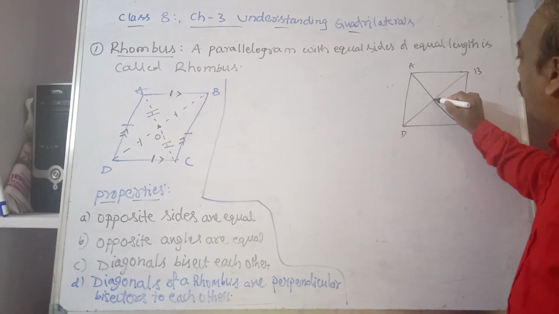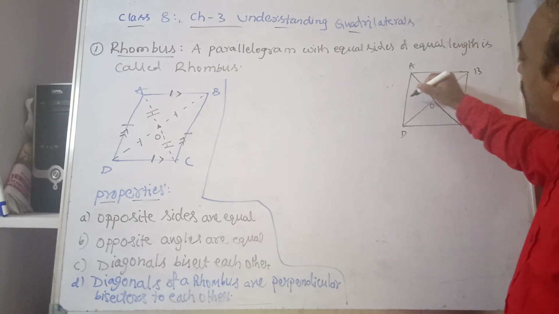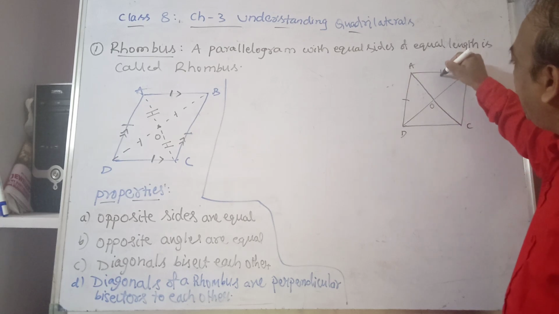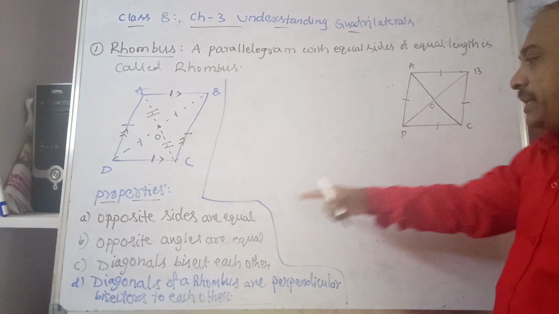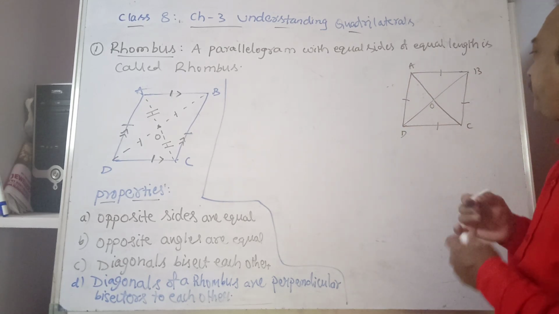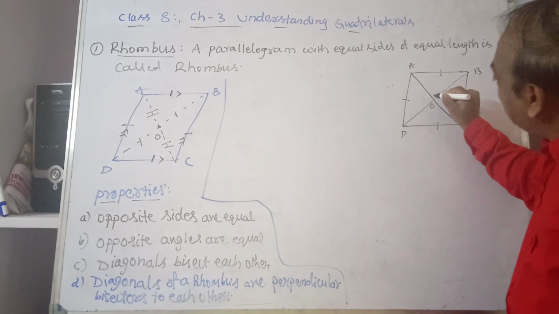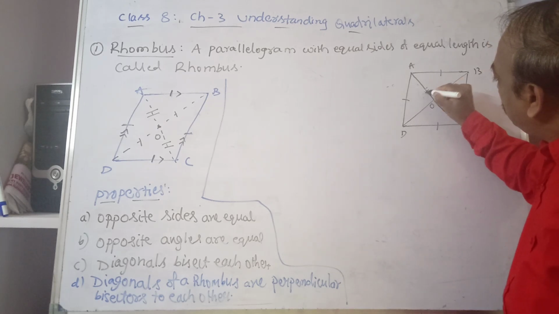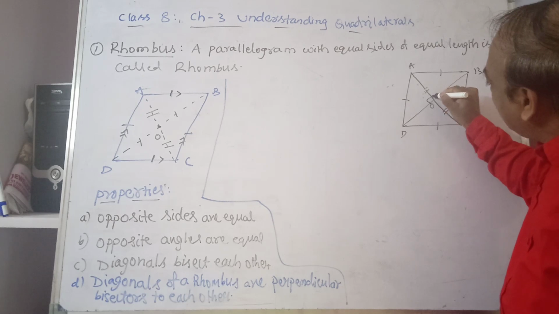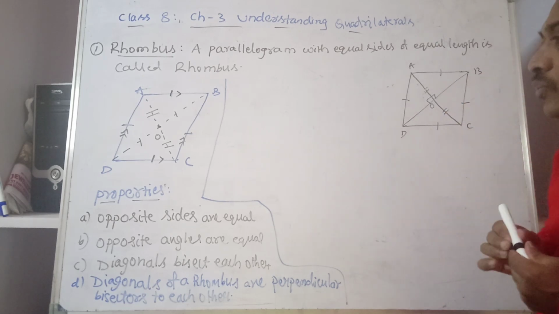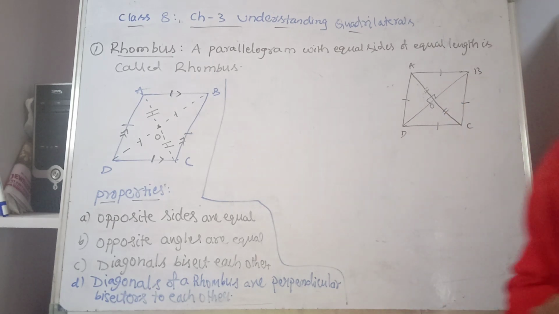This is the point of intersection. Now observe, all sides are equal in a rhombus. That is the first property. So now we have to prove that this angle is 90 degrees.